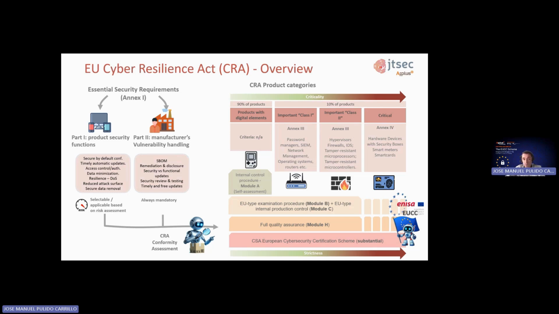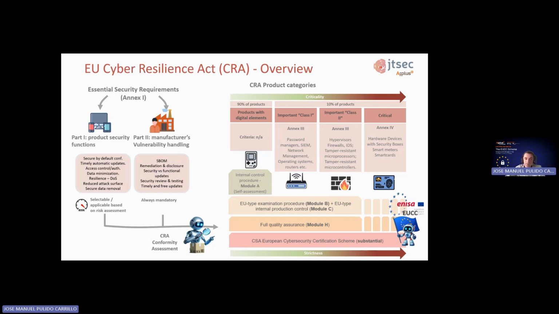The most critical ones are in the category named critical products. These are the types of products that are exposed to the highest or most severe risk scenarios, and examples of them could be smart cards or payment devices.